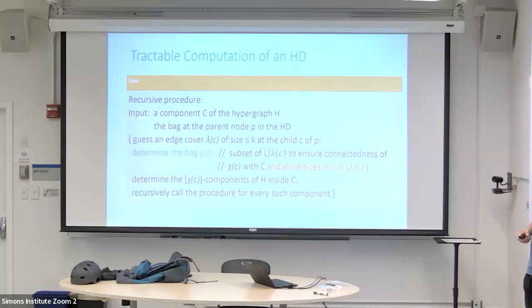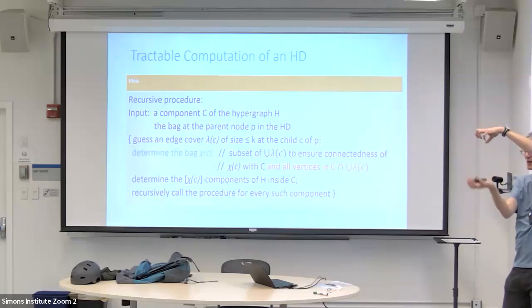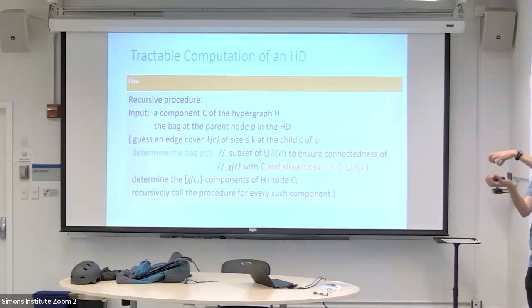We are given a component, and we are given the bag, the chi label at the parent. So where will we append this subtree to the overall hypertree decomposition? Of course, initially the component is the entire set of edges, and the parent has an empty bag, because we have no parent for the root. That's how we start.